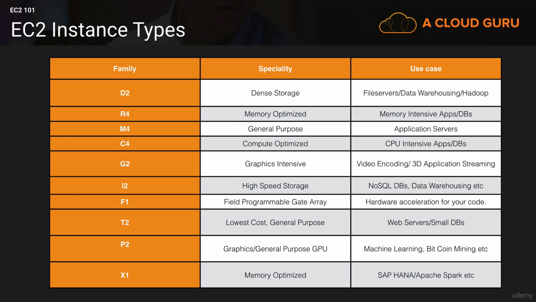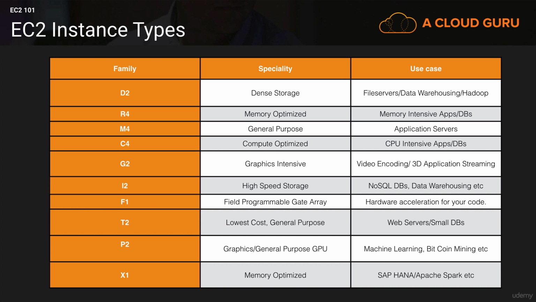We then had M4. M is just general purpose applications, typically your application servers. We typically use T2 micros throughout every lab in this course, but M is what you would use in production. So it's a good all-round virtual machine.